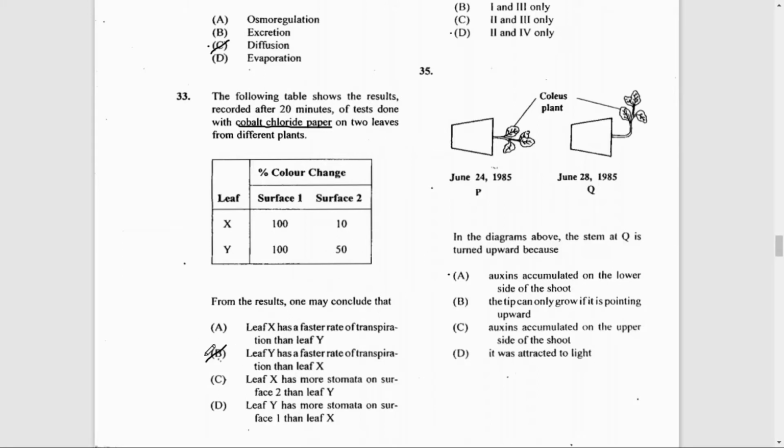So transpiration is occurring faster in leaf Y as opposed to leaf X.